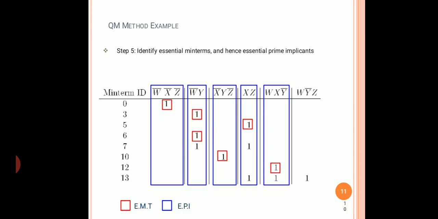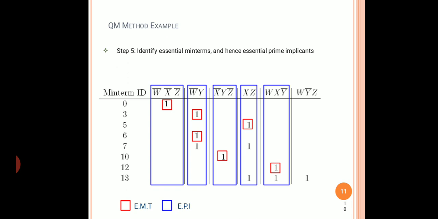Once it is completed, then we have to observe horizontally. First observe the row. Essential min term, EMT, is denoted by a red line, that is the essential min term that should be there in the final answer. Observe the first row, in which you have to highlight the ones which should be there, there should be only one in one row.